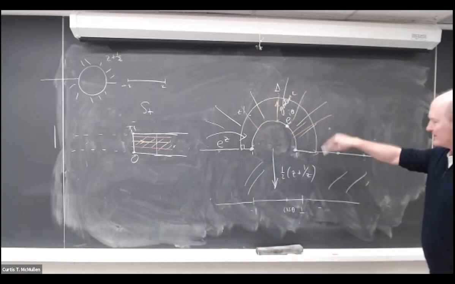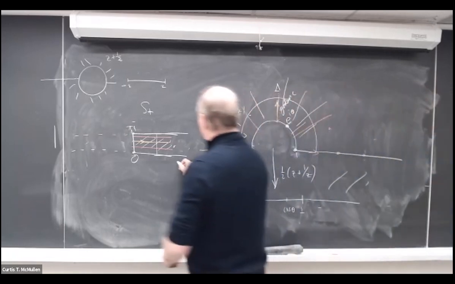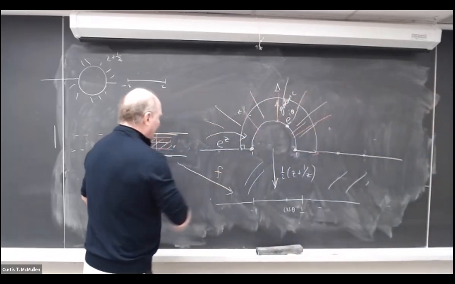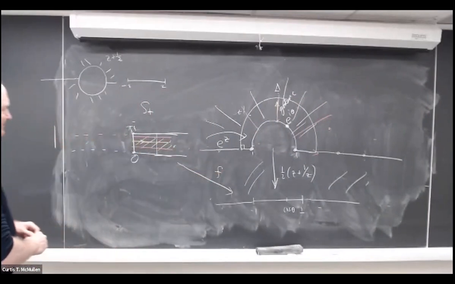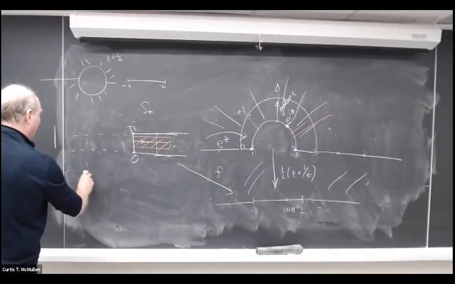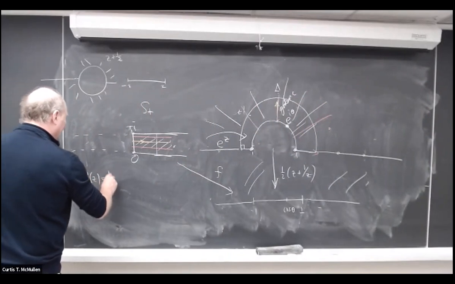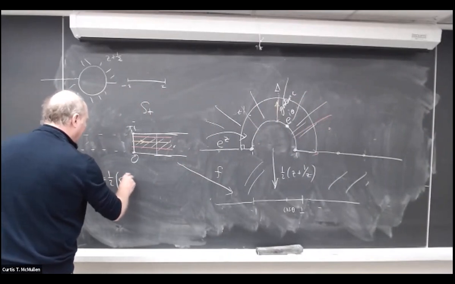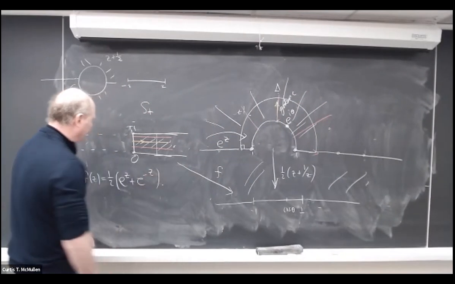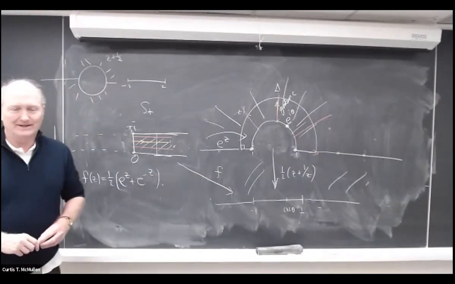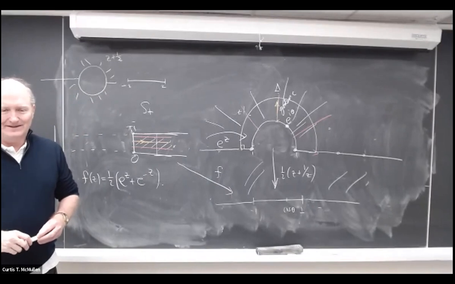And so the composition of these two maps gives us a Riemann mapping from the half-infinite rectangle to the upper half plane. And what is that map? Its f of z is 1/2 of e to the z plus 1 over e to the z, which is e to the minus z. What is this function called? Hyperbolic cosine.